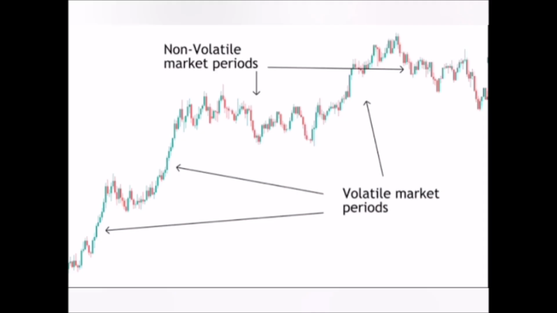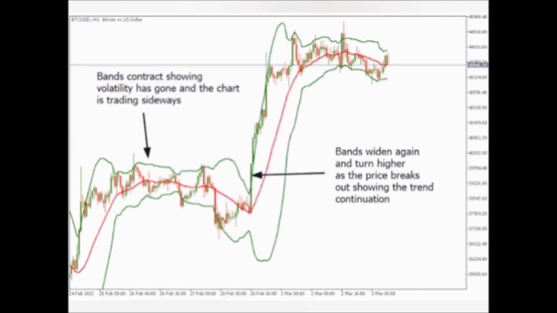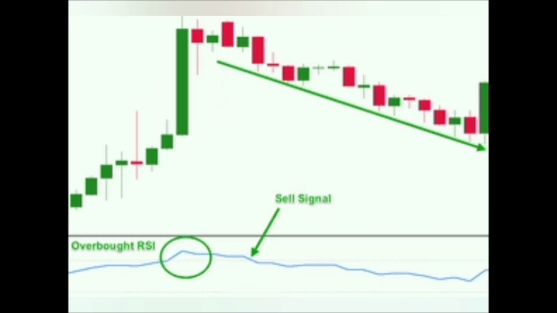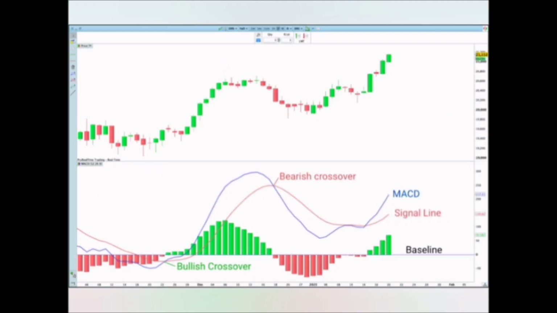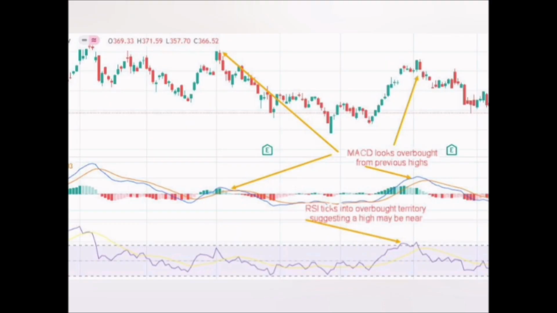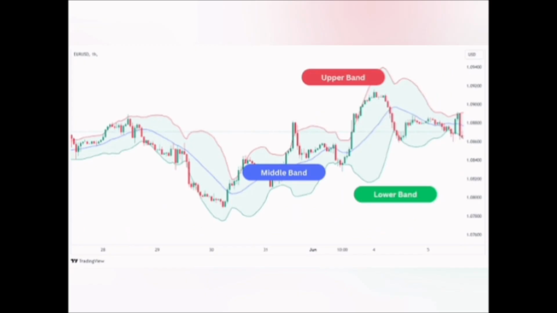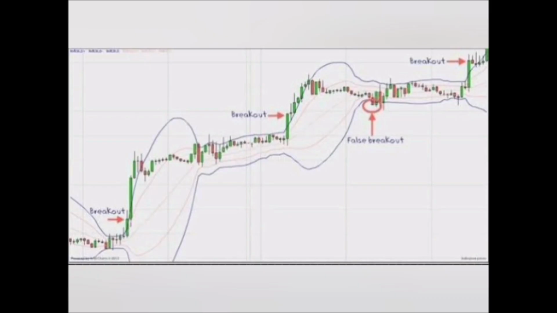The first one is like an M, but in this case it's more like a W. So the three troughs, that is valleys, instead of peaks like we have in the initial one. Then the middle trough is the lowest. A break above the neckline signals a bullish reversal. This pattern is extremely powerful when combined with volume confirmation.